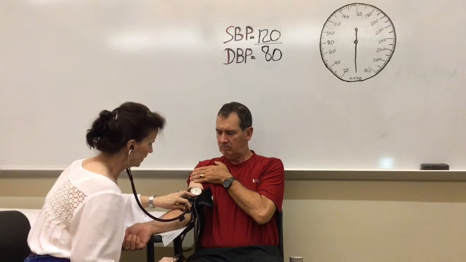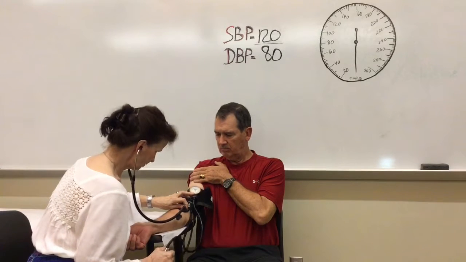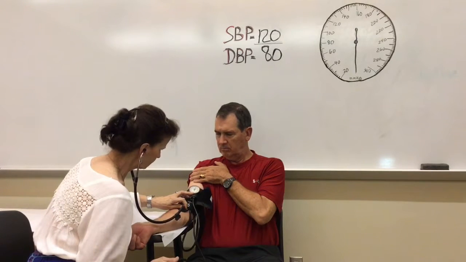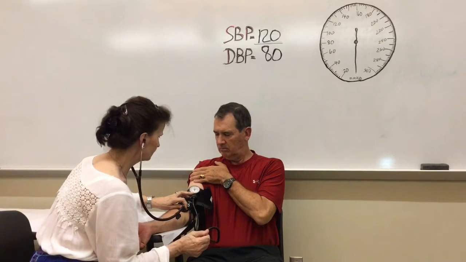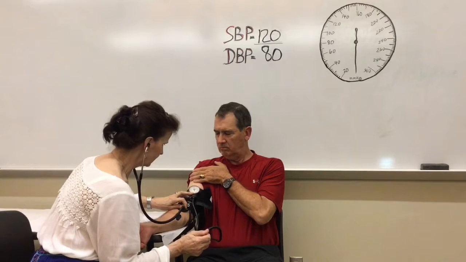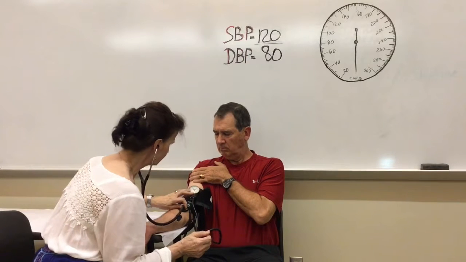And we'll watch the gauge go up. So we're at 160, and I'll release the valve, and we'll watch it slowly go down at 2 millimeters of mercury, 2 millimeters per second.